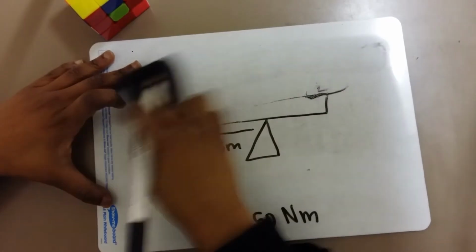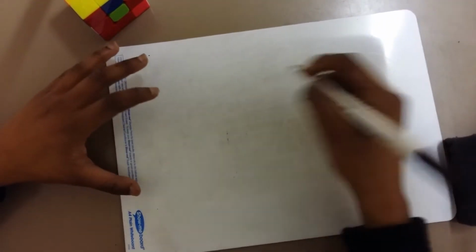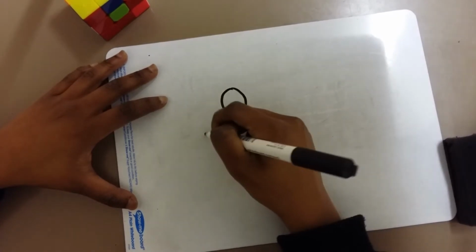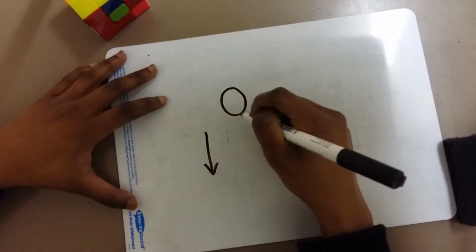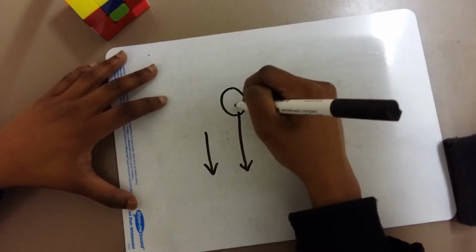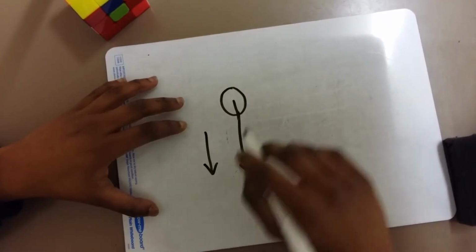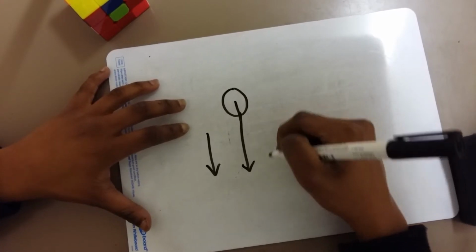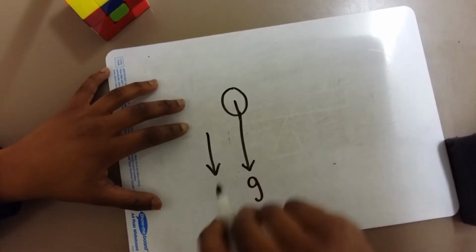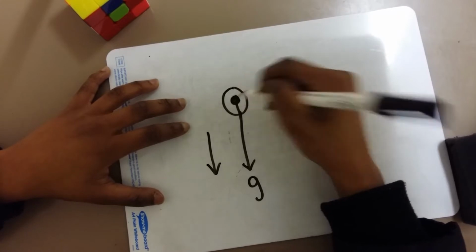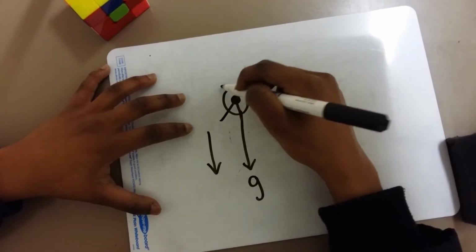Okay, it's all nice and crystal clear. And here's why it was more accurate to draw the weight here rather than there. Well, because the weight of an object, the force of gravity on an object, always acts from the center of the object's mass.